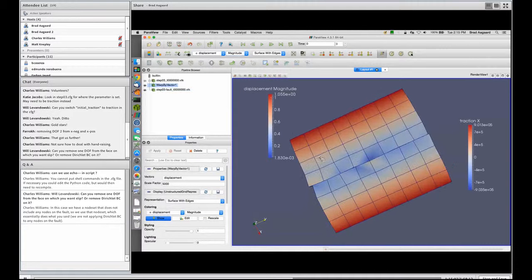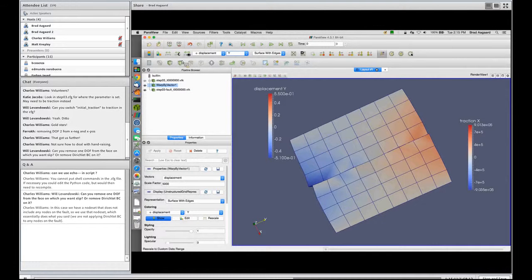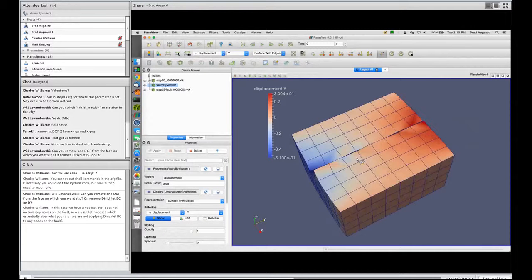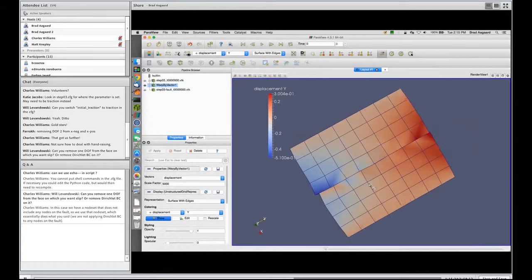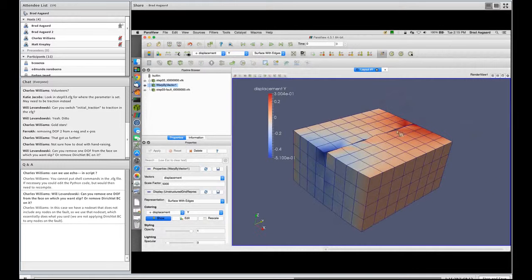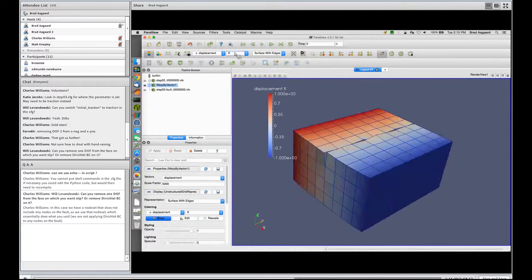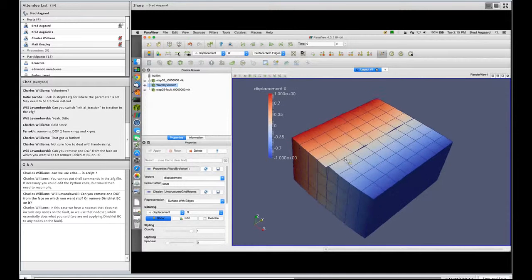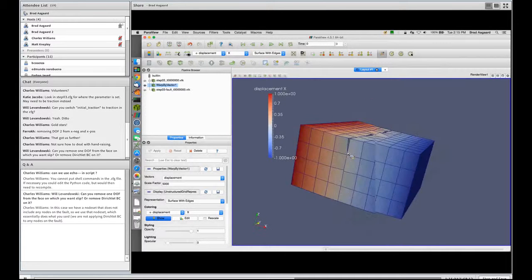Let's look at our Y displacements. Let's turn off the faults. What's our X displacement? So we squished the fault.